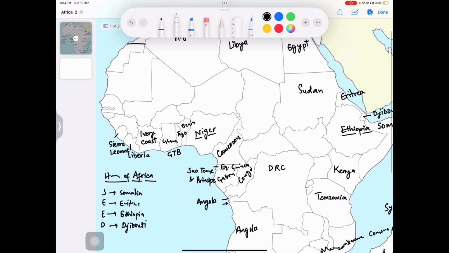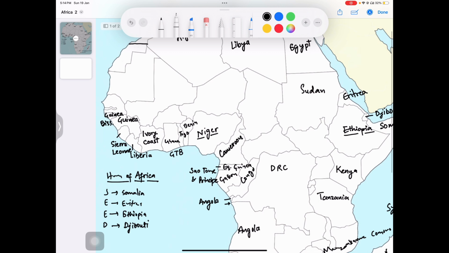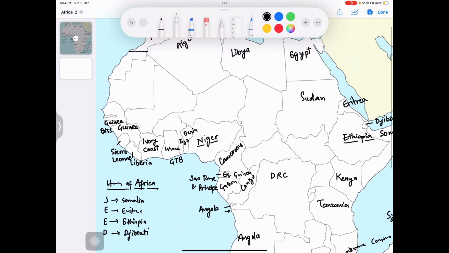Okay. This one here is Guinea, most probably. And this one is Guinea Bissau. Again, I'm a little doubtful, but okay, let us just go about it. Again, I'm confused.